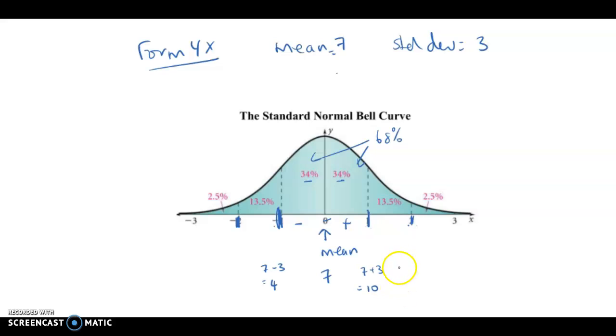So adding another 3 to here, 10 plus 3, 13 would be this value here. This would be 4 minus 3, 1 would be this value here. And this represents 13.5% and 13.5% as well. Now when I add up this and this to my 68, I'll get 95%. So if I have 5% left, then it's only obvious that here will be 2.5% and here will be 2.5%.